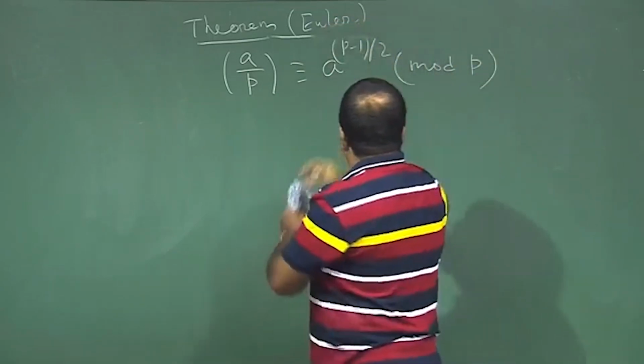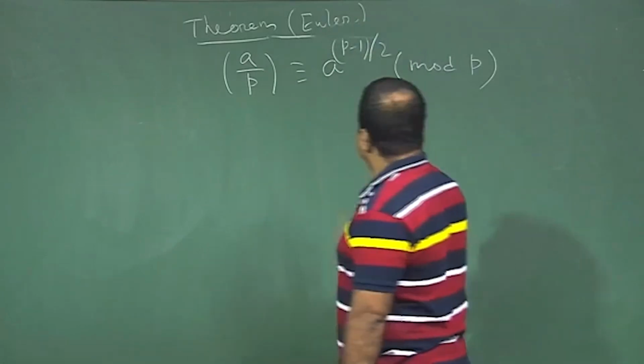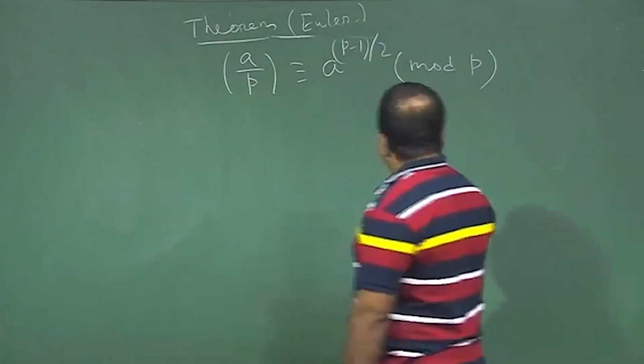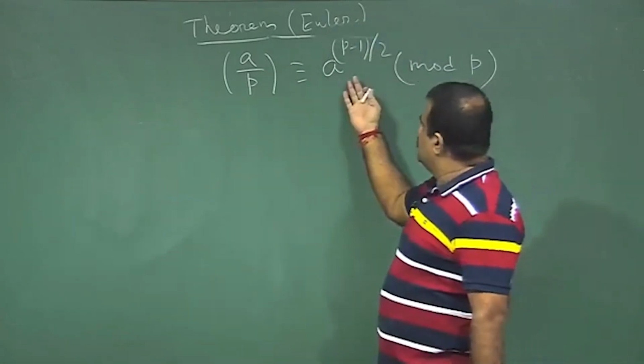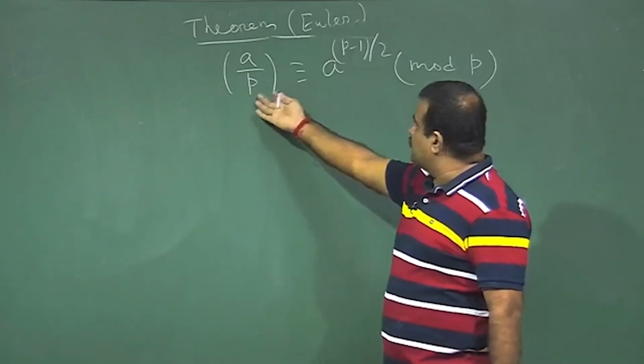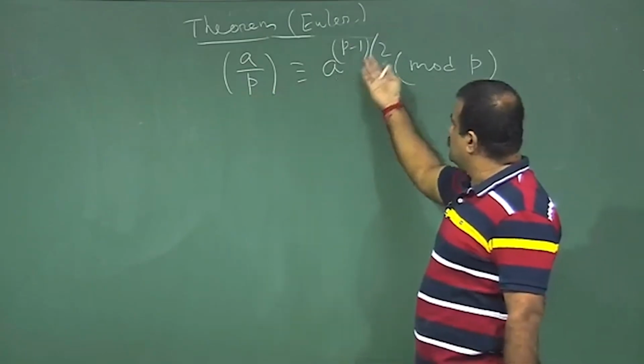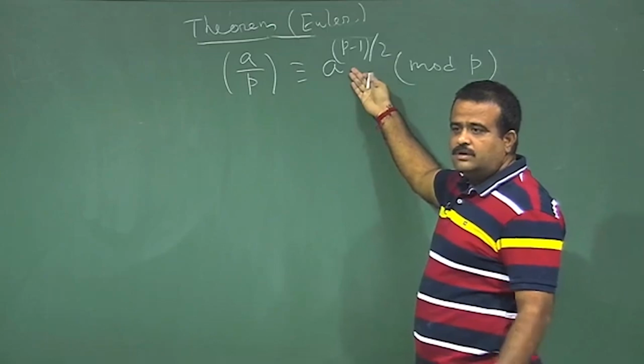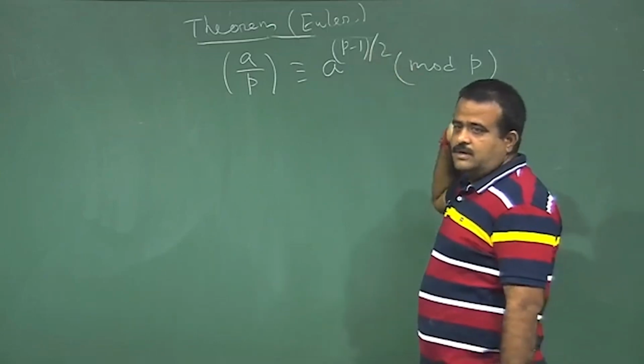So if we have this, then we can calculate the symbol, because this is just an exponent.